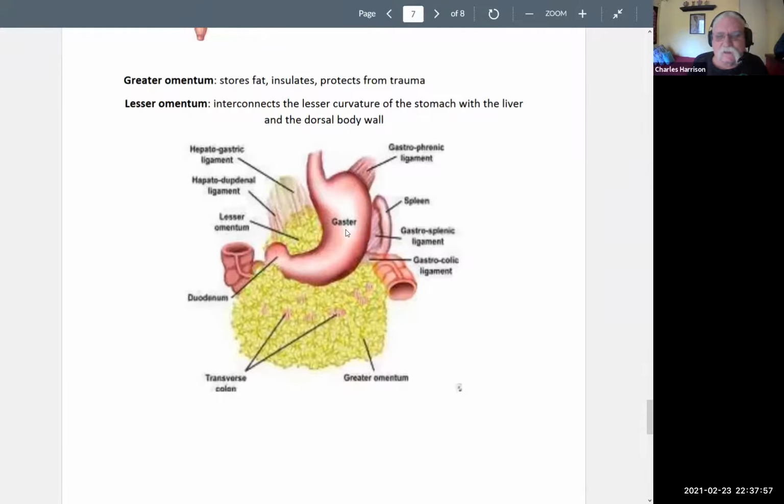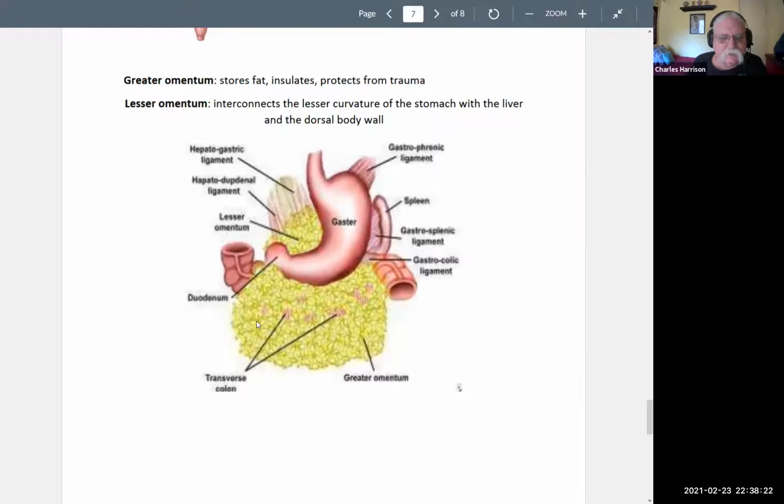This must have been written in a foreign language because gaster means stomach. It's some language anyway. We recognize what it is. Attached to the lower portion of the stomach, attached to the greater curvature, is the greater omentum. This is the greater omentum here. This is a fatty apron.